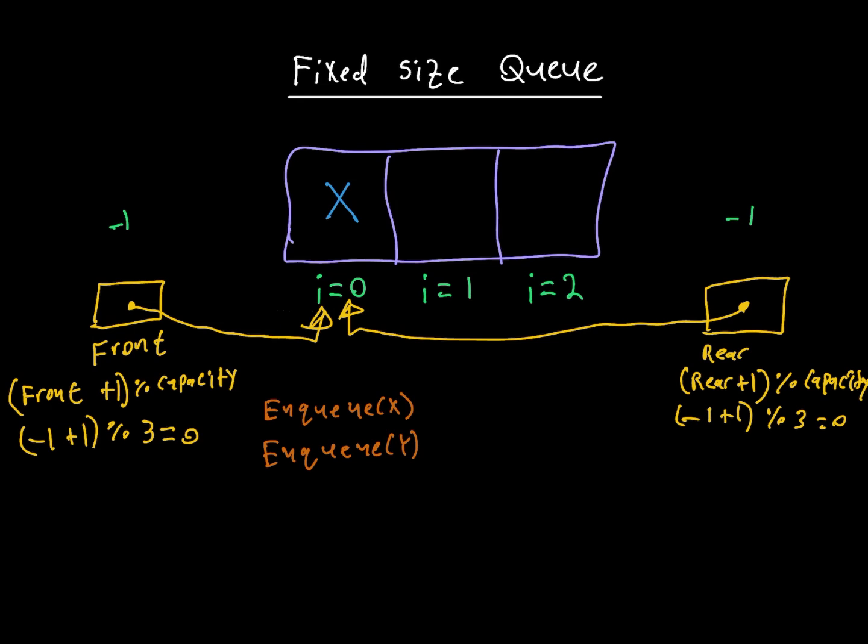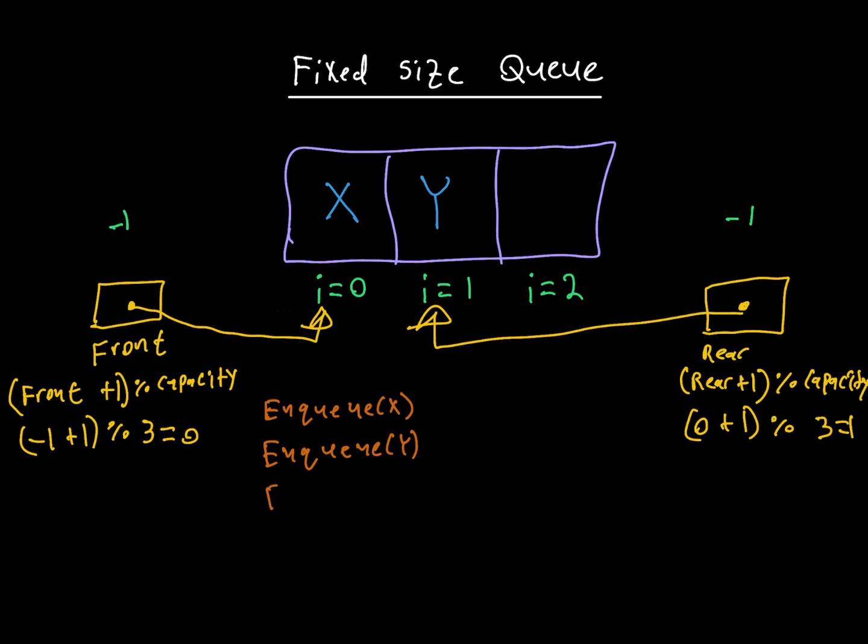So rear is currently pointing at 0. 0 plus 1 modulo 3 is going to give us 1. So we're going to update rear to point to index 1, and we're going to insert y.